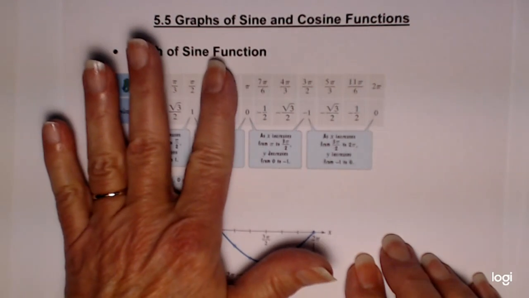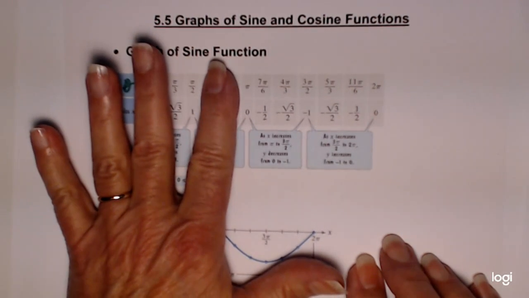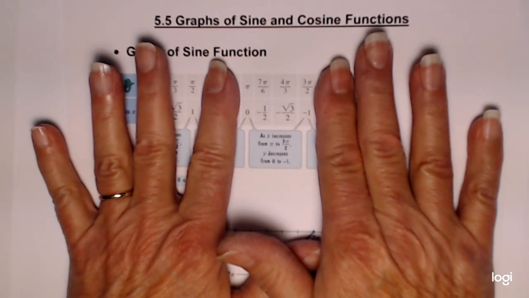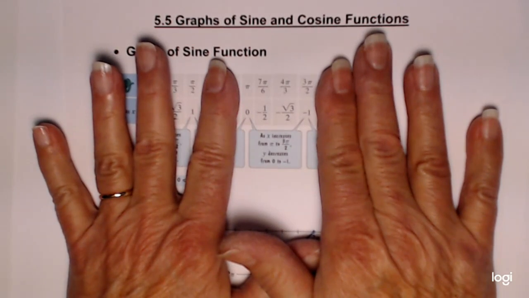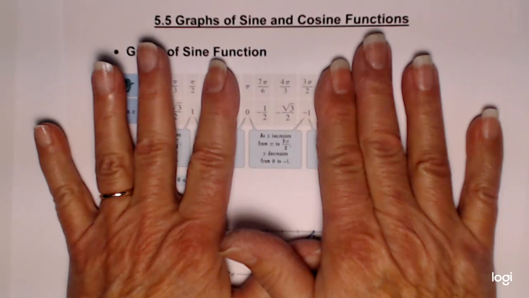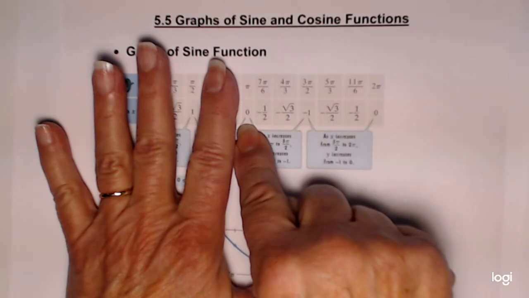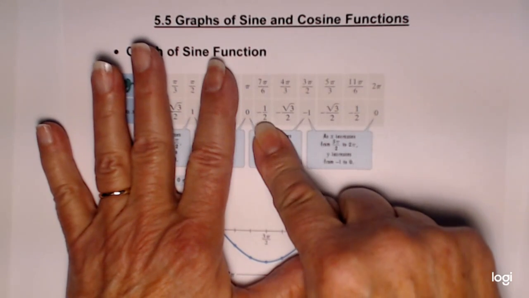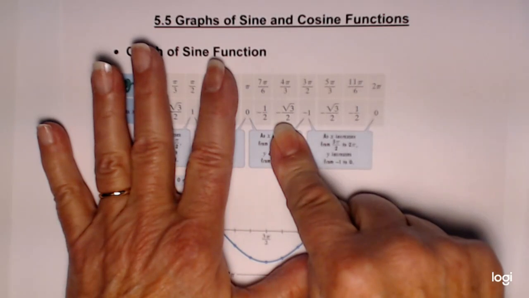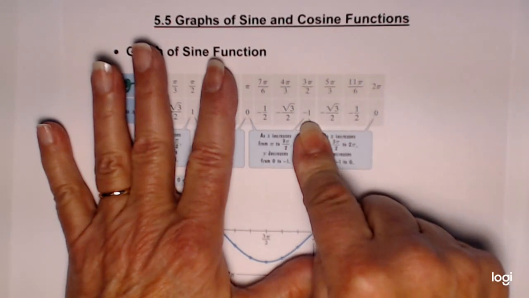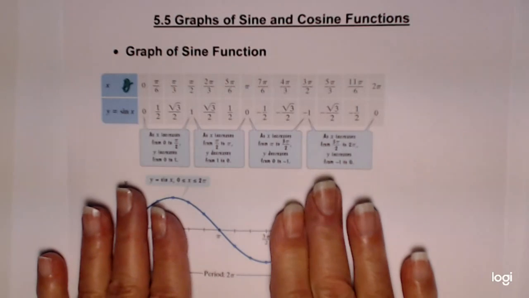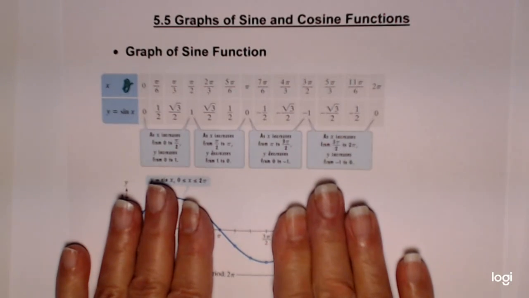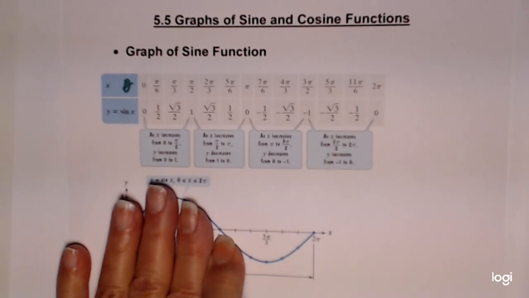In Q3, we're looking between pi, 180 degrees, and 3 pi over 2, or 270 degrees. We can see that we continue to decrease from 0 now to -1. So we go from 0, -1/2, -radical 3 over 2, and then -1. And again, on the picture from pi to 3 pi over 2, we can see this decrease from 0 to -1.